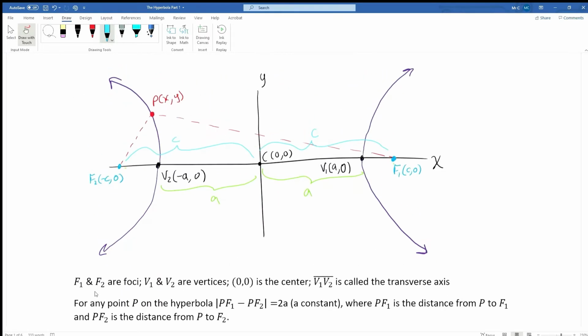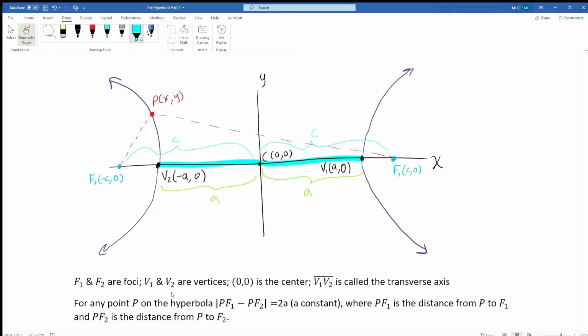All right, so as far as these labels are concerned, as we've been doing, F1 and F2 are foci, V1 and V2 are vertices, (0, 0) is the center. And we call the line between the two vertices the transverse axis. So that's this line here.